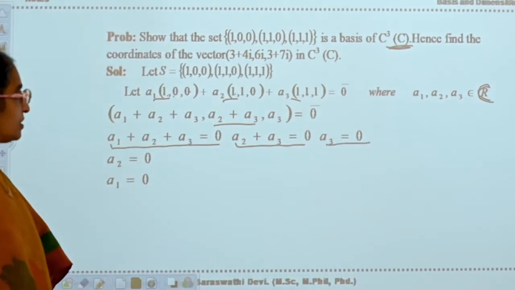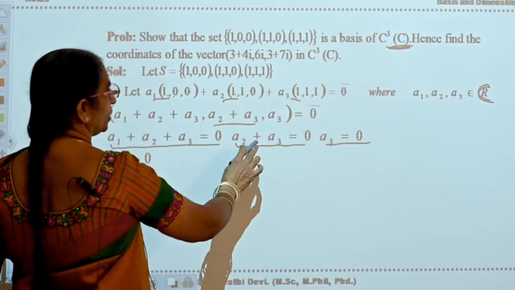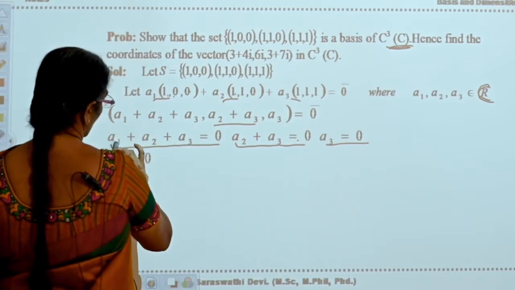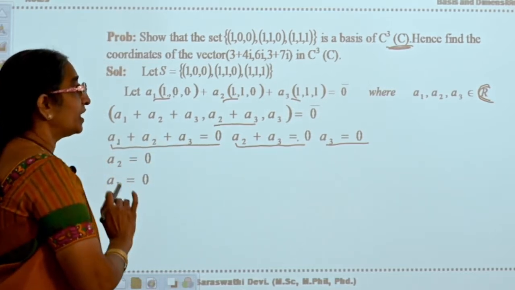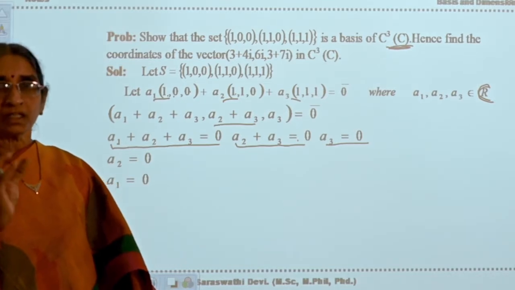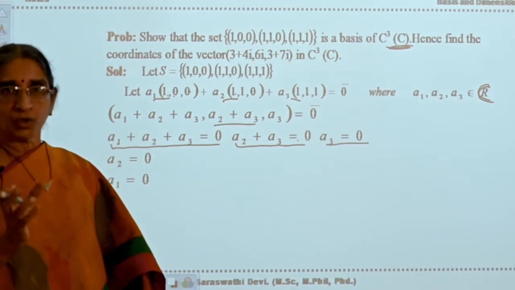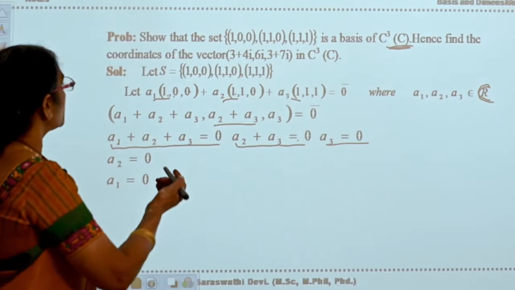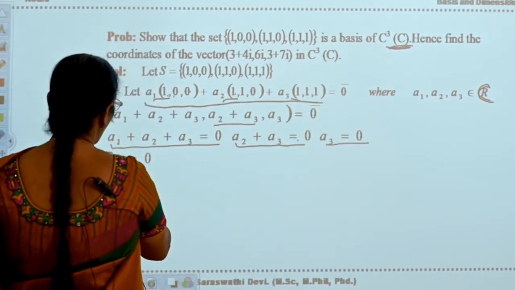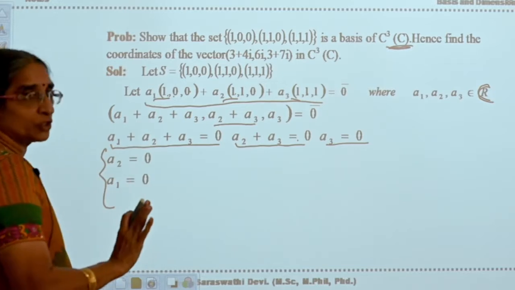Since a3 is equal to 0, substitute here, you will get a2 equal to 0. With a2 and a3 equal to 0, substitute here, you will get a1 equal to 0. That means if you consider the linear combination of the given set of elements and equate it to 0, the constants existing in that linear combination all become 0.